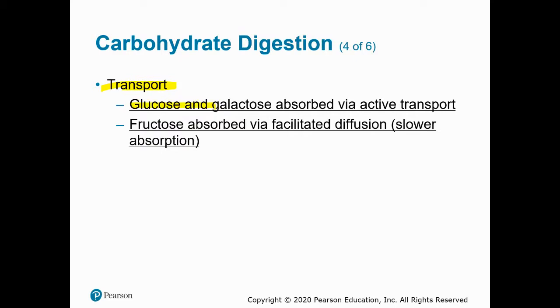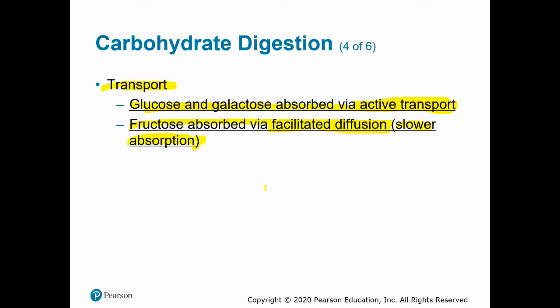Remember, glucose and galactose are absorbed via active transport. So they need the carrier protein and an energy source, whereas fructose is absorbed via facilitated diffusion. So it needs a carrier protein, but no energy, no calories required. So it's a slower absorption process.